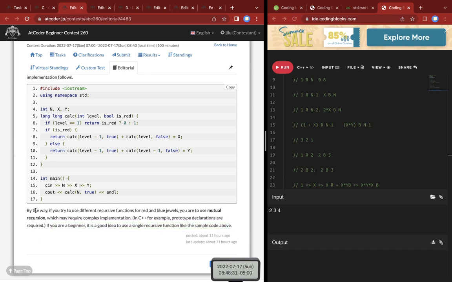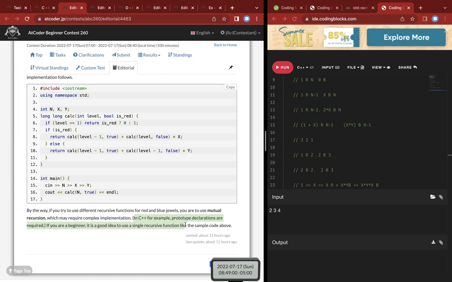Yeah, I was thinking of something like that, but how would we implement that? Prototype declarations, that makes sense. But how would we implement that? Prototype declarations would be so that one function knows that the other one exists before it actually is written.